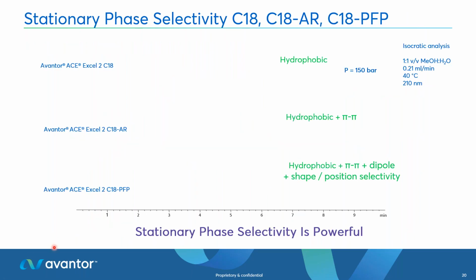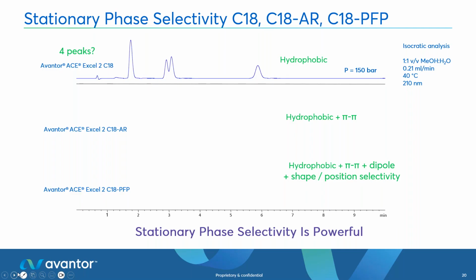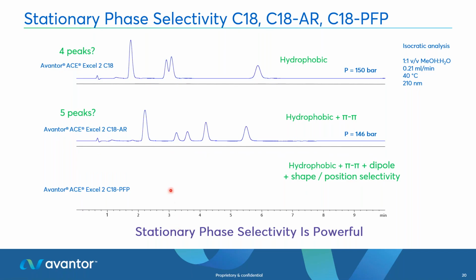If you're looking at unknown samples, it's interesting to try different stationary phases. For example, I don't know how many peaks I should be finding in my sample. On a C18, I've got 4. On an AR, so that's the C18 plus the phenol, I found a 5th peak.